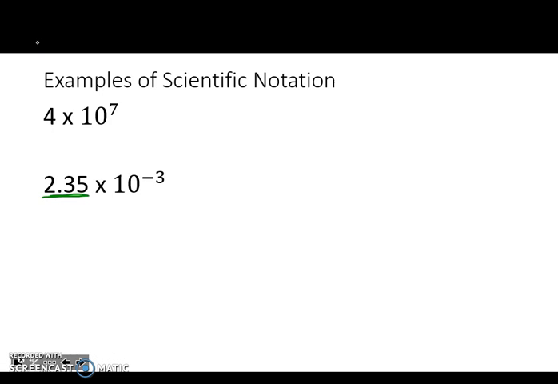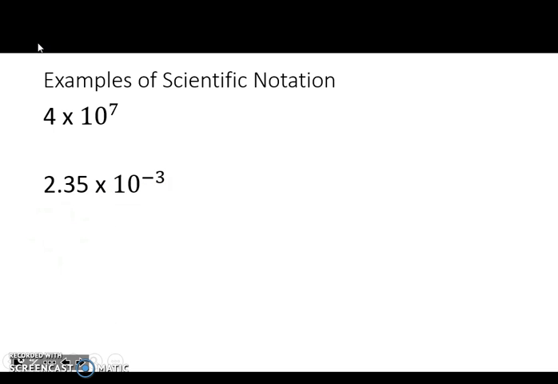So again, this is between 1 but less than 10. Then we're multiplying. And then it has a base of 10 raised to any exponent. So that is correctly written in scientific notation.